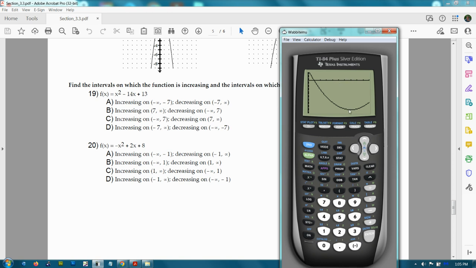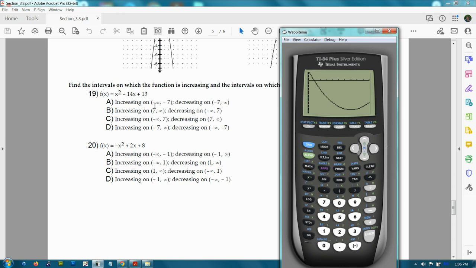Here's a way I can show you how to find that the x value of your vertex is 7. I'm eyeballing it here because I'm looking at the answer. It's decreasing from negative infinity, stops decreasing at 7, and then increases from 7 all the way out to positive infinity.